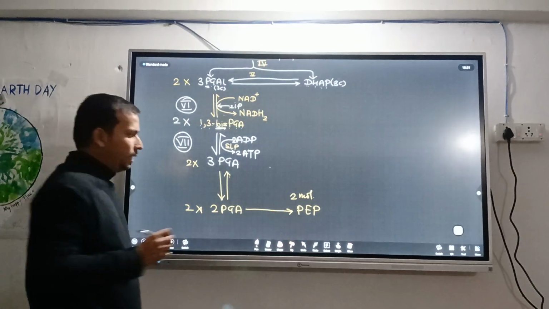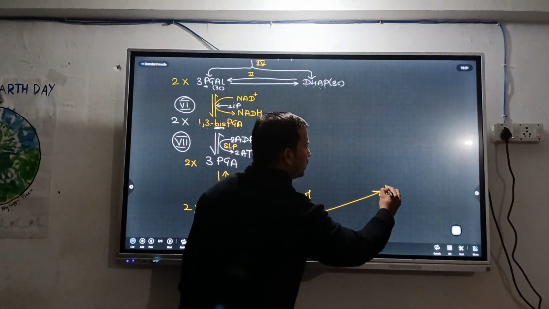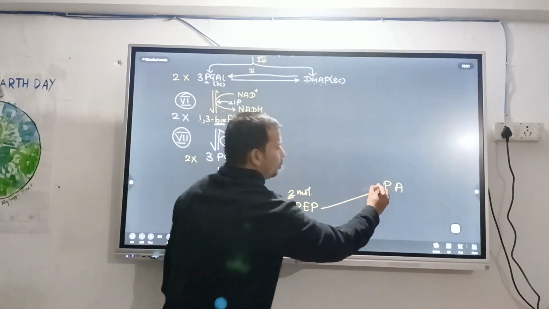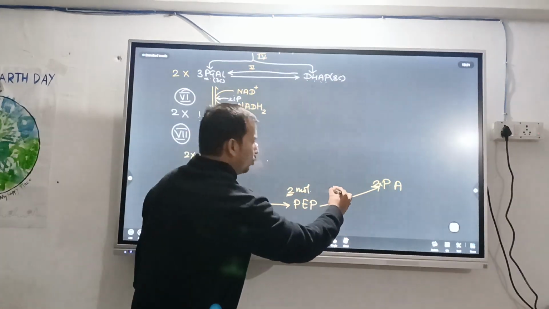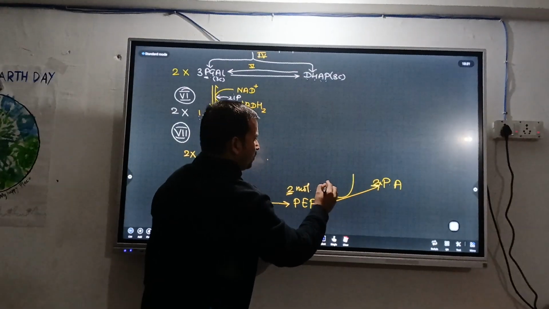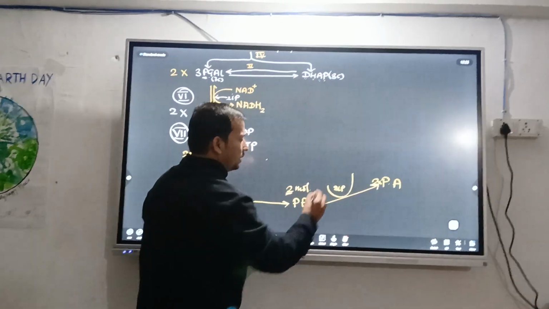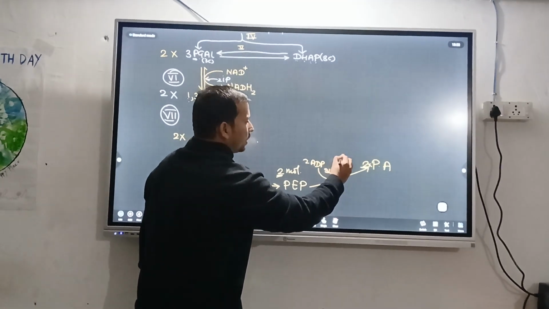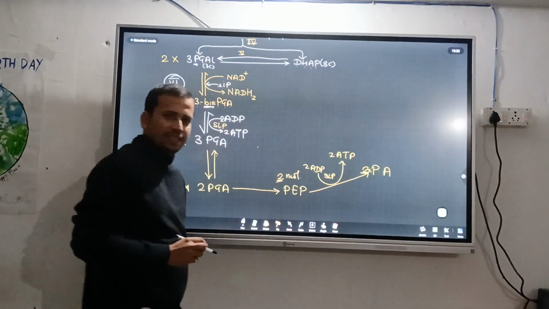Now, this phosphoenol pyruvate is converting into pyruvic acid. How many molecules? 2 molecules of pyruvic acid. Here one more time, through SLP, substrate level phosphorylation, 2 ADP are converting into 2 ATP.